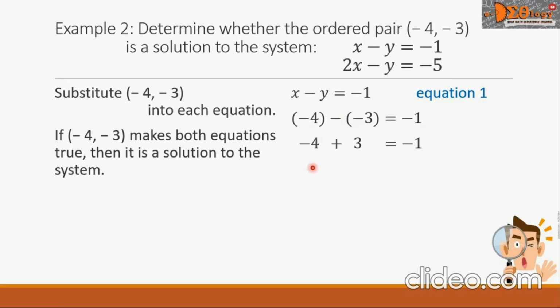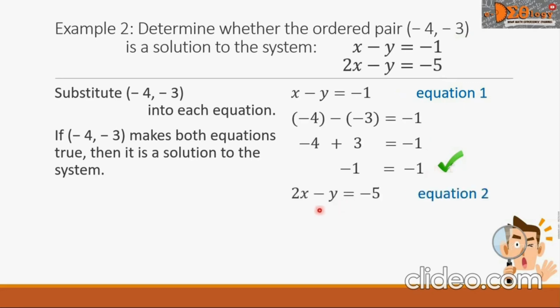Simplifying our left side, so we have negative 4 plus 3 is equal to negative 1. And we can see that this value is equal to the right side value, which is also negative 1. So the ordered pair (-4, -3) makes equation 1 true. Let's proceed with equation 2.